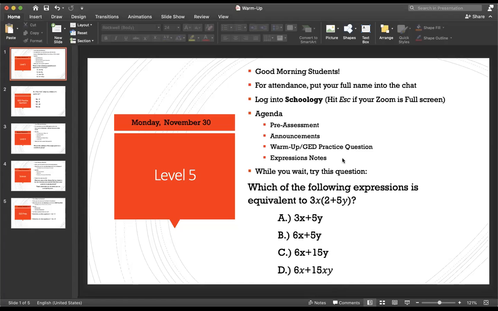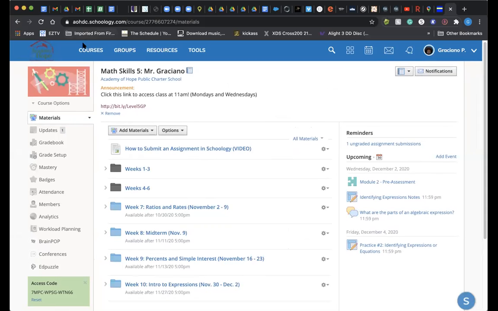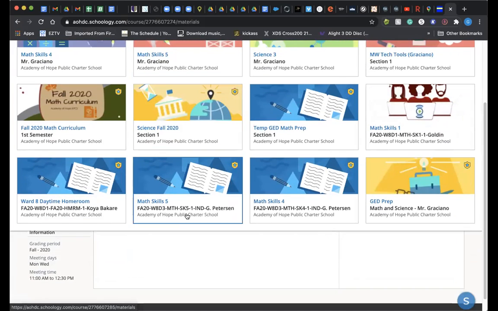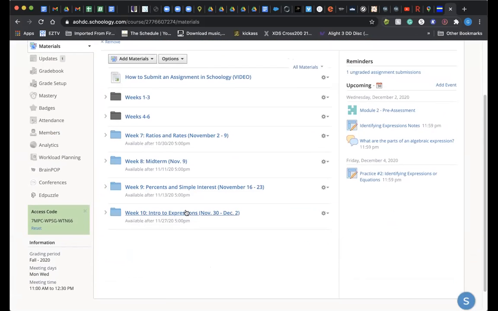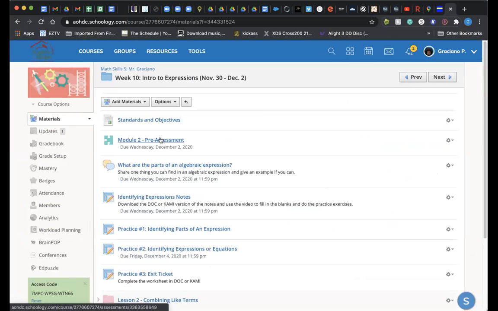So of course, as we start every week, I'd like you guys to start with your pre-assessment. I'm going to make sure to log in there and work through that. I'll just show you guys how to log into that really quick. Make sure you're in Math Skills 5 with me, and then scroll down to the bottom for week 10, Intro to Expressions, and make sure you just do that pre-assessment that's at the top.